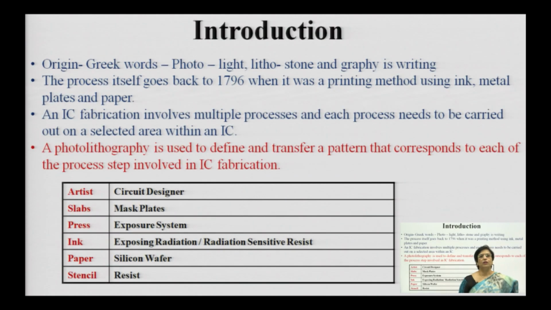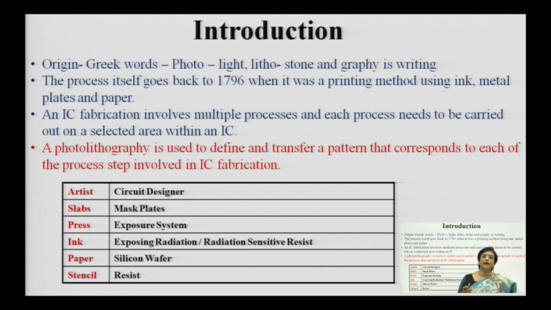Now, we have seen that so many processes are taking place, so many layers. We have seen that epitaxial growth is done. There are different fabrication processes involved whenever you are fabricating an integrated circuit. Every integrated circuit has limited or unlimited components. You have lakhs, even millions of transistors available within a single chip.